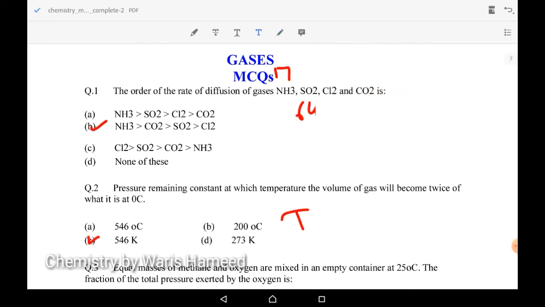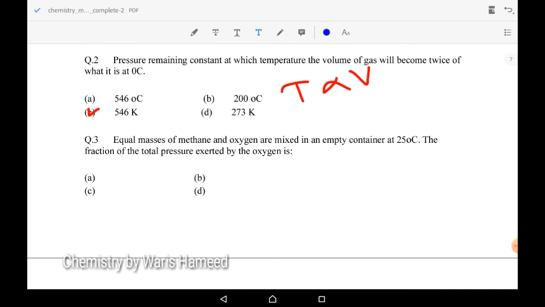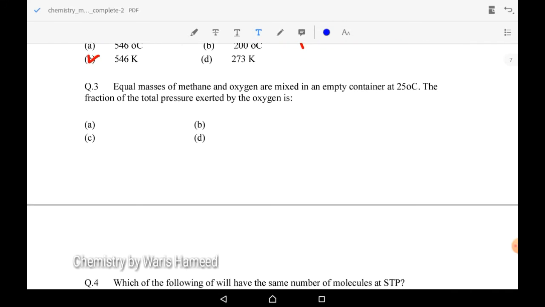Next, third MCQ: equal masses of methane and oxygen are mixed in an empty container at 25 degrees Celsius. The fraction of the total pressure exerted by the oxygen is? There are no options here, but we have to solve this MCQ. If such type of MCQ comes in the PPSC exam, it will be helpful for you.